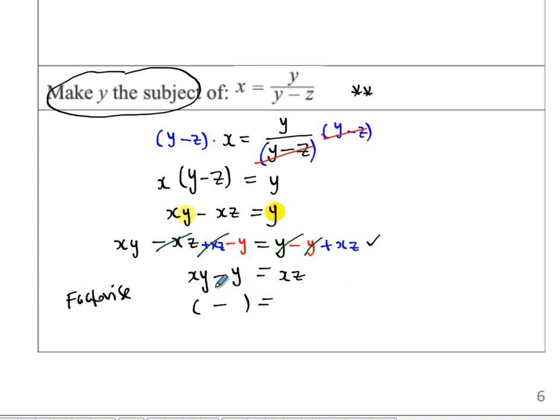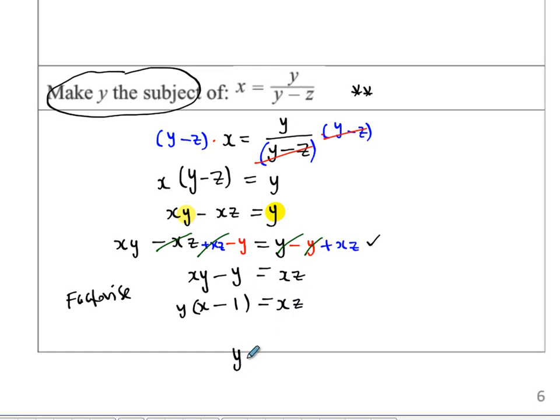We know there's a minus there. y can be factorized. xy factorize y, I get x. And y factorize y, I get 1. Let's check. If I were to expand this going backwards, x times y, I have xy. y times minus 1, I get minus y. So that's okay. And this equals xz.